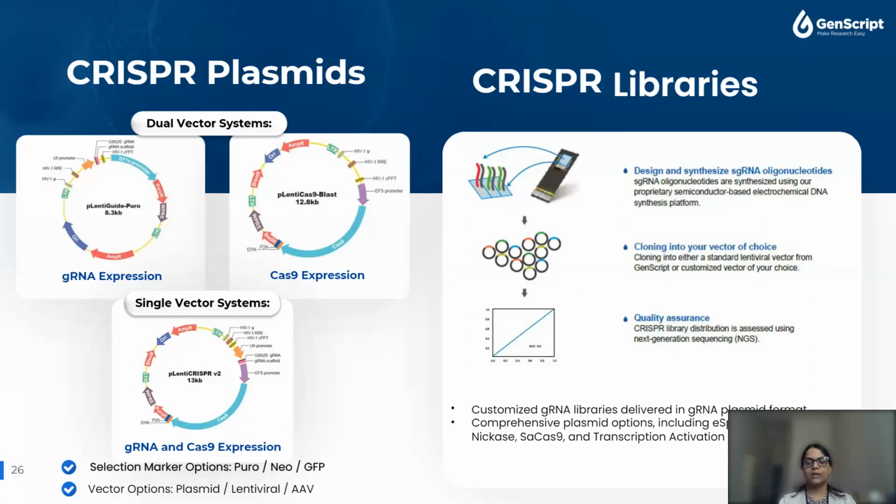Additionally, fully customized gRNA libraries are available for various applications, including gene silencing or genome-wide screening, knockout or activation. Furthermore, our CRISPR gRNA library construction service utilizes oligopool synthesis technology, which can effectively reduce the cost and accelerate the gene target screening timeline.